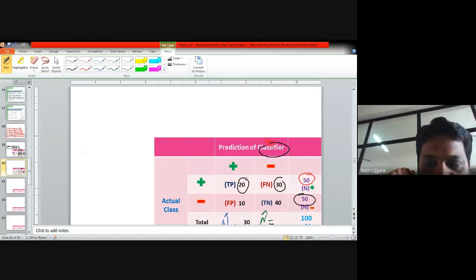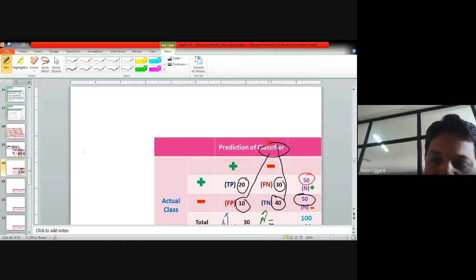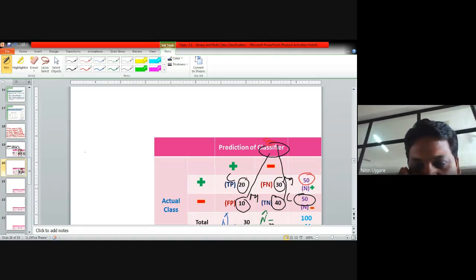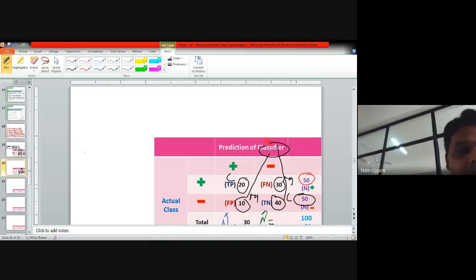Out of these 50, 40 negative instances are correctly classified by the classifier, whereas 10 negative instances have been misclassified. So this is correct classification and this is misclassification.